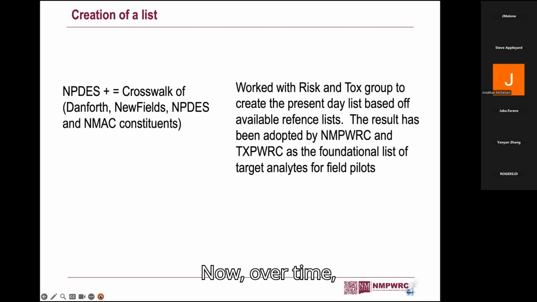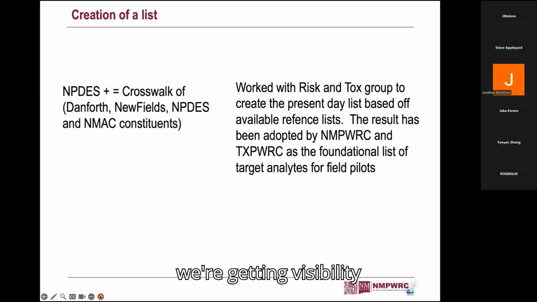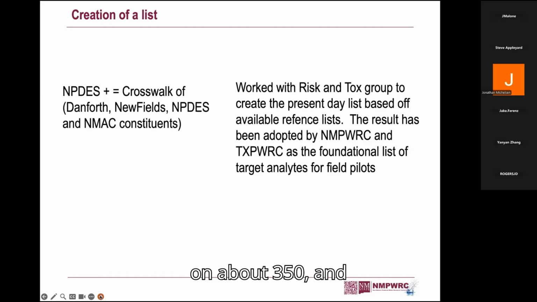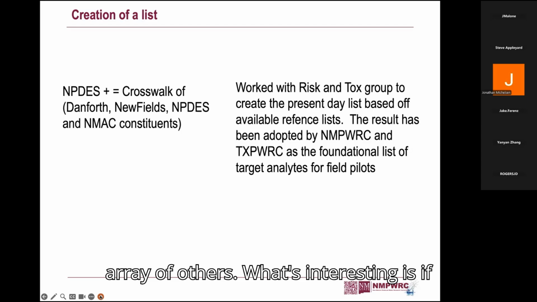Now, over time, what's interesting is each of those libraries has hundreds of thousands of constituents. So we're getting legally defensible data on about 350, and then we're getting non-target estimated detections through the TICs on a vast array of others.